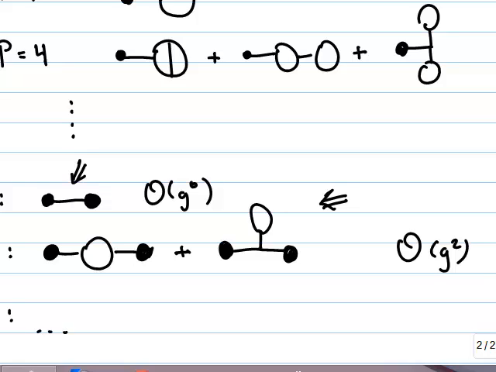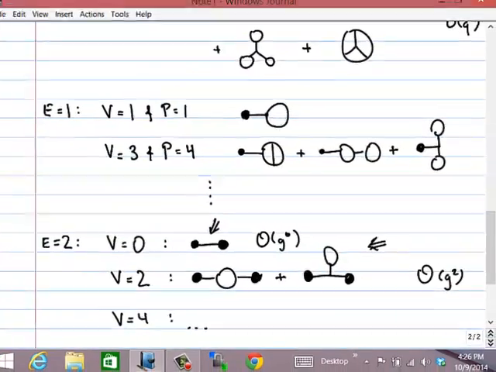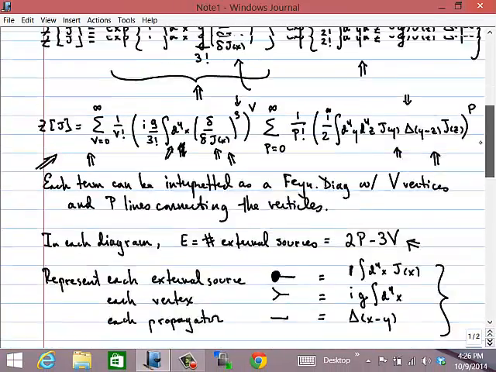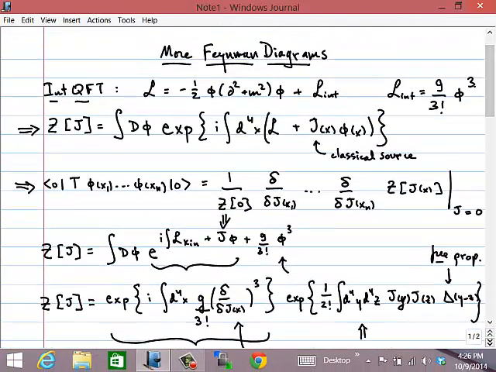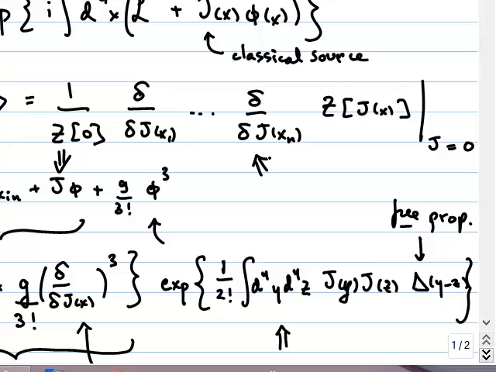So, yes, question. Number of external sources represent the number of external points. That's right. That's absolutely correct. So if you want to compute a Feynman diagram with n external points, then what you're doing is taking n derivatives with respect to j, which means that you need to look at the part of z which has n factors of j.